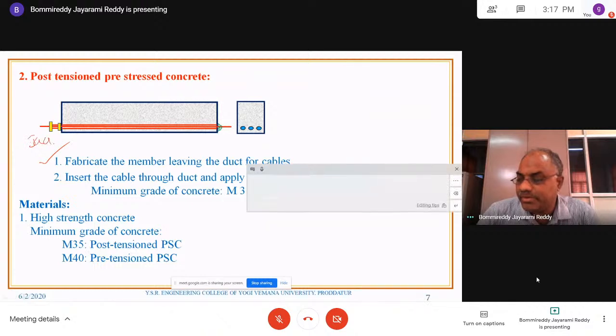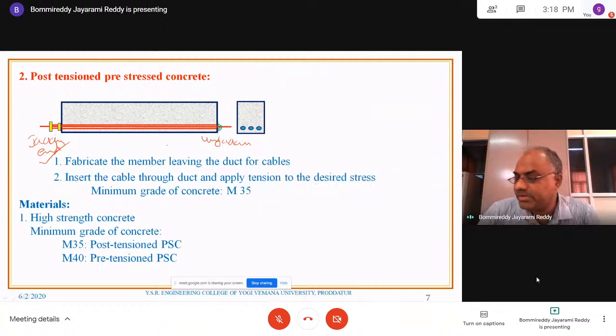Say this may be a jacking end and this may be an unjacking end. The cable is kept in proper position, whereas tensile force is applied at the jacking end, so that tensile force is induced in the steel and compressive force is induced in the concrete, of the same magnitude.